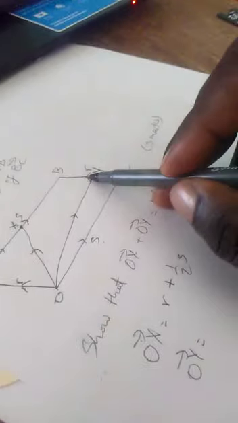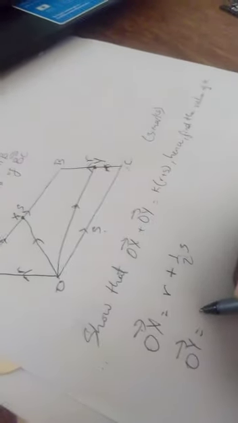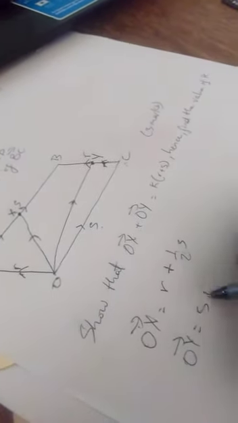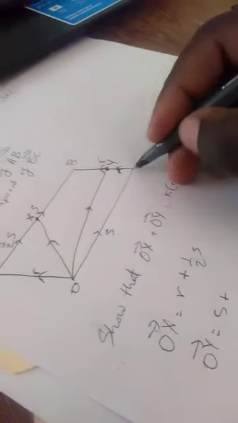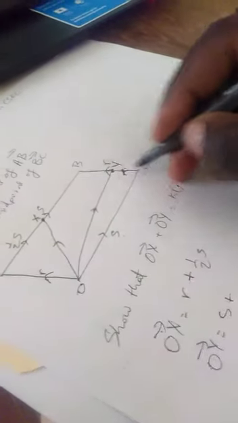So OY, we start off: OY is O to C plus C to Y. So we have S plus, remember this is half of what?